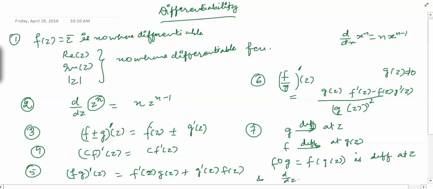The derivative of f of g of z is what? It is f dash at g of z into g dash z. So this is the chain rule. So we have the product rule here, the quotient rule, and the chain rule. Okay, so we have similar rules to what we have in real analysis, right?